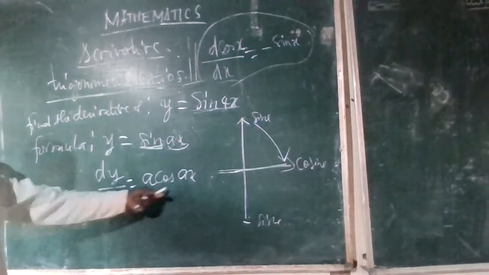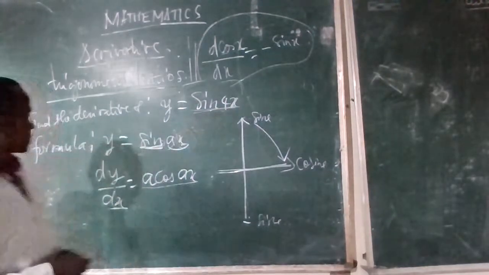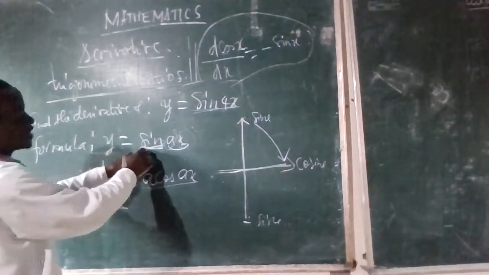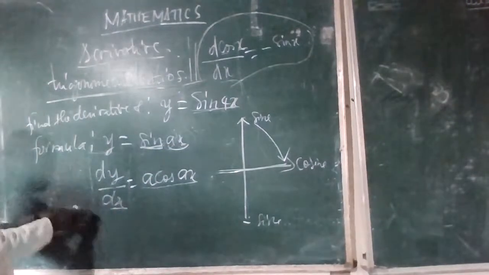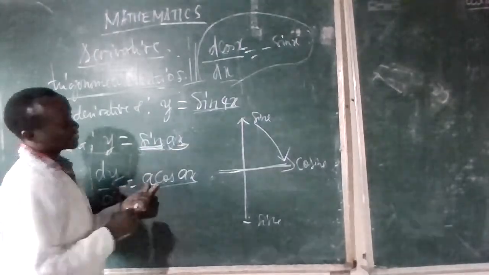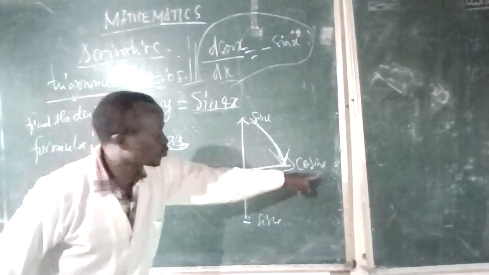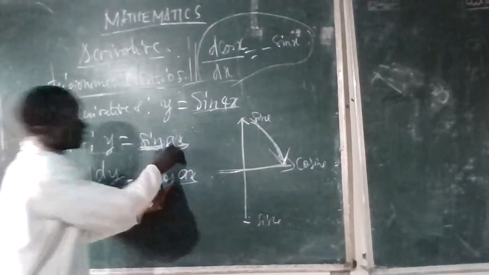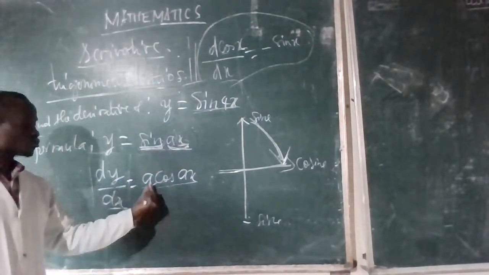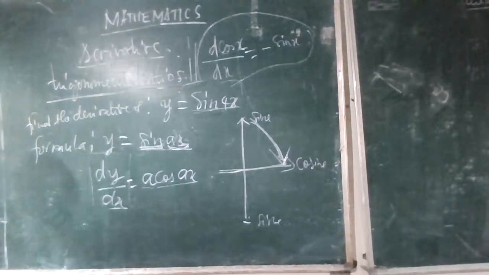As I gave you this formula, it is what we are going to use on the above question. The given function was y is equal to sine ax. Now its derivative: this a will come before, and make a derivative of sine x. I told you, you have to come down, the derivative of sine is equal to cosine, and you add this ax. It is what we call the derivative of sine ax is equal to a cosine ax. Are we together, please?